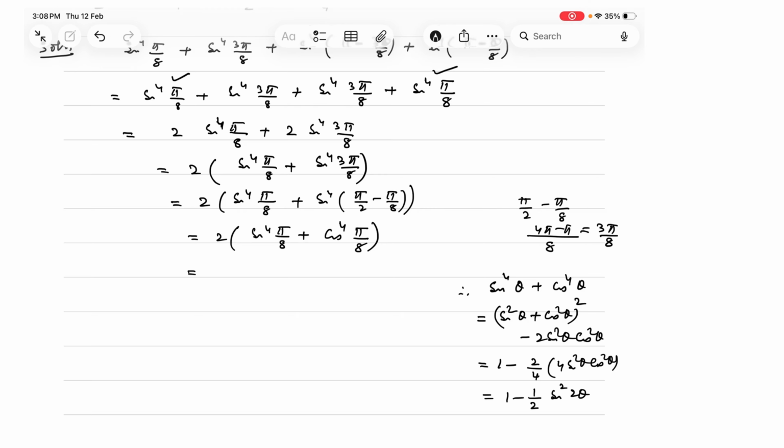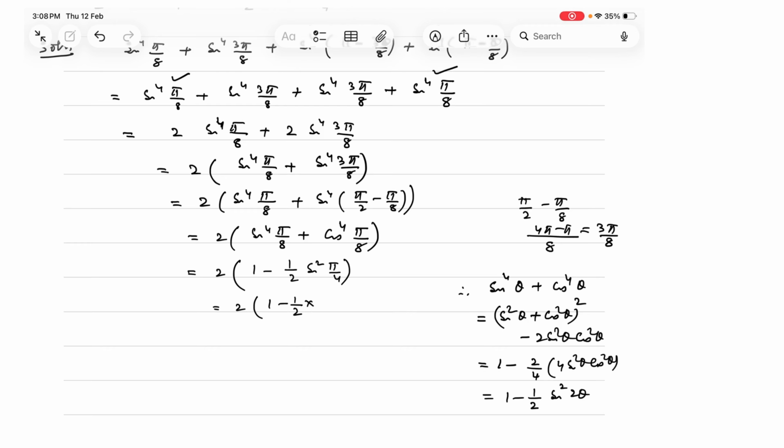So here, sine to the power of 4 pi by 8 plus cos to the power of 4 pi by 8. Here theta is pi by 8. Therefore we can write this as 1 minus 1 by 2 into sine square 2 into pi by 8. 2 into pi by 8 means pi by 4. Sine 45 is 1 by root 2.